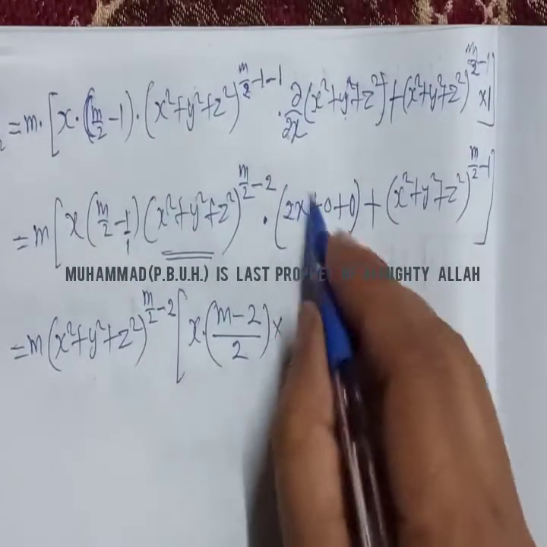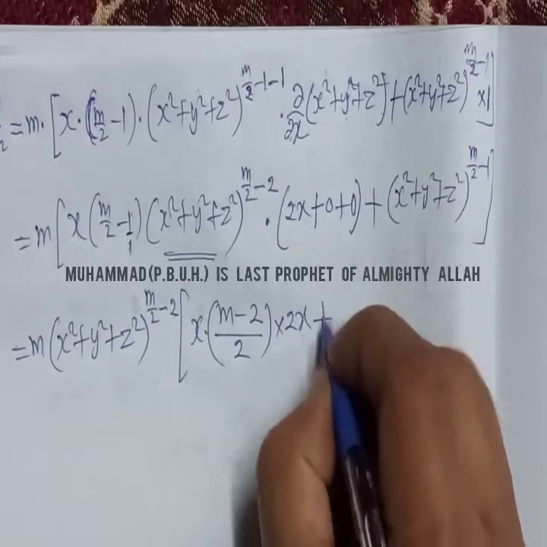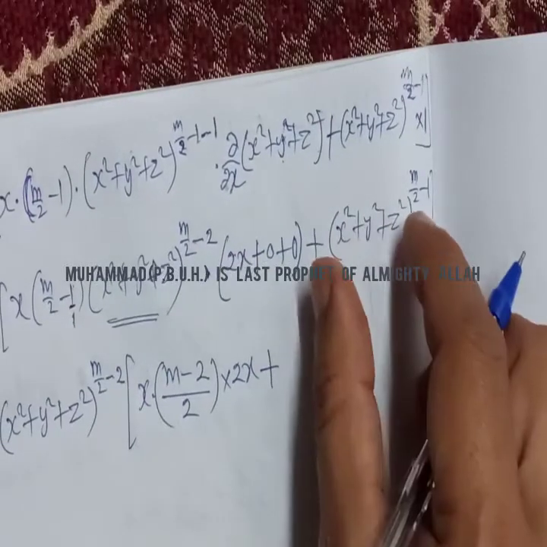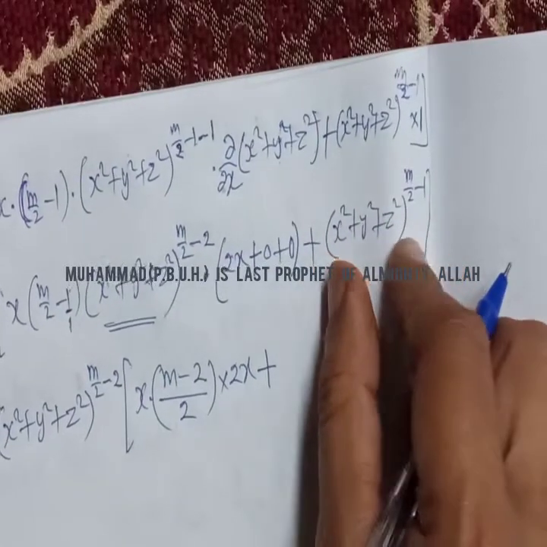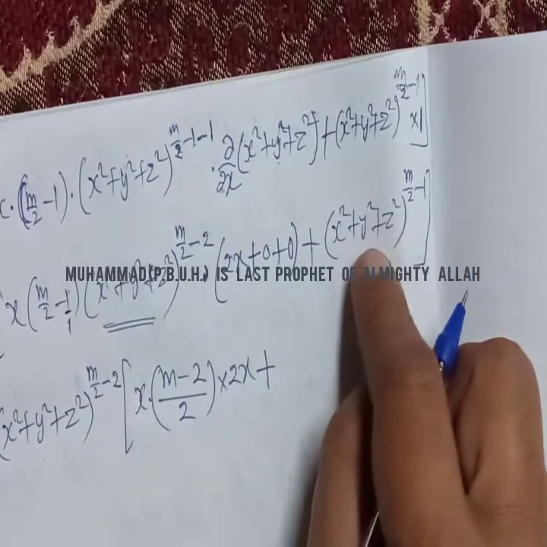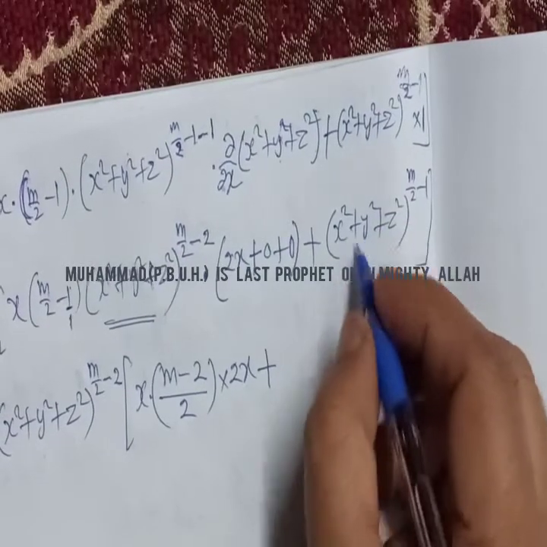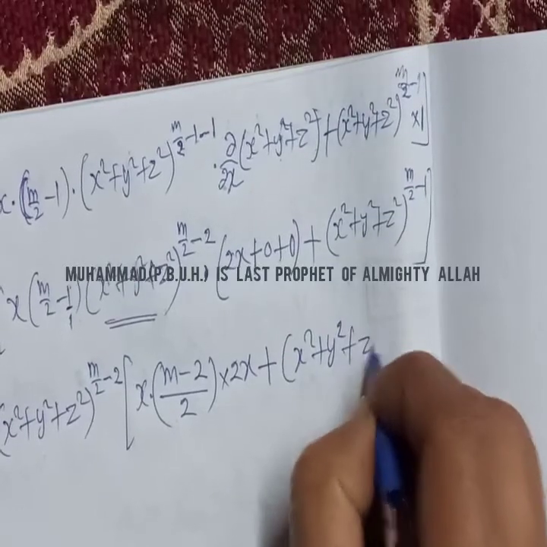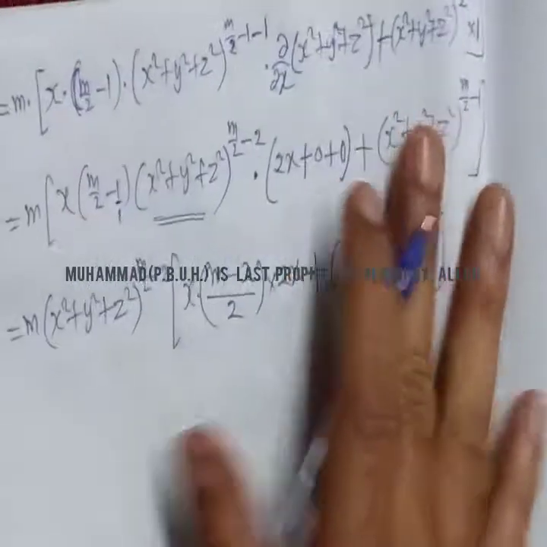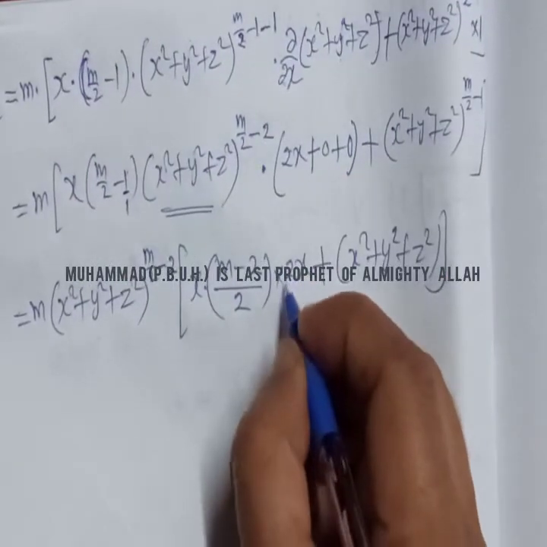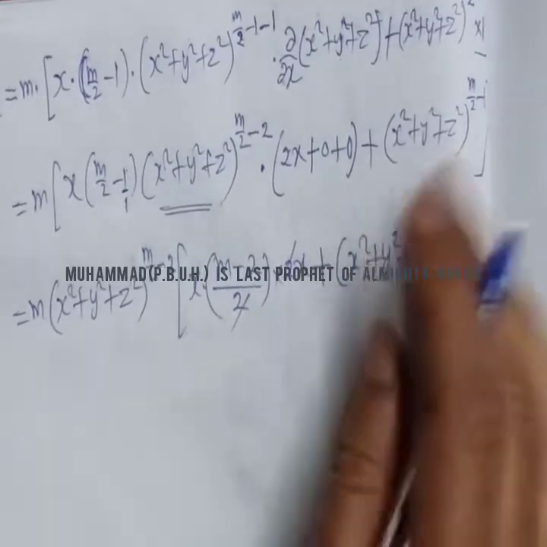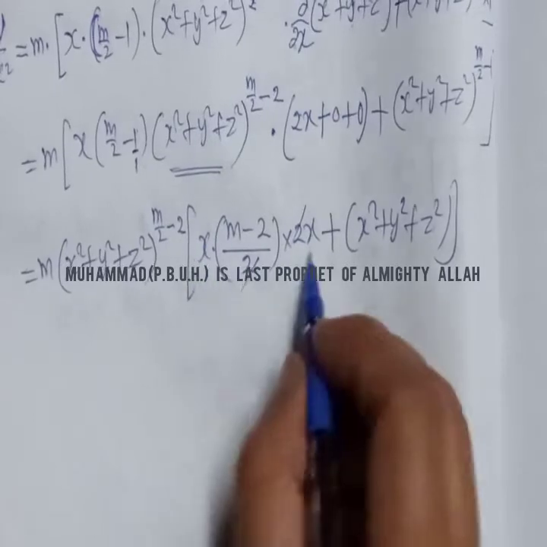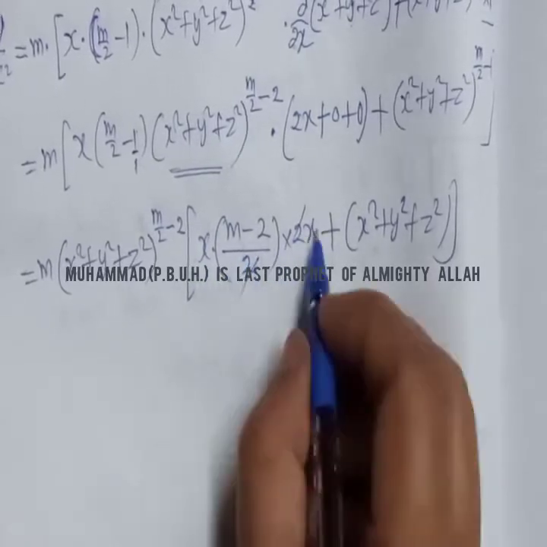We have 2x here, plus what I take out only m/2 minus 2 power, so one power remains here, so I write only x²+y²+z². We can cancel out 2, and x into x multiplied becomes x².